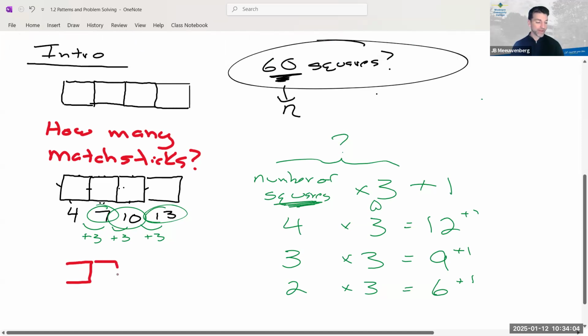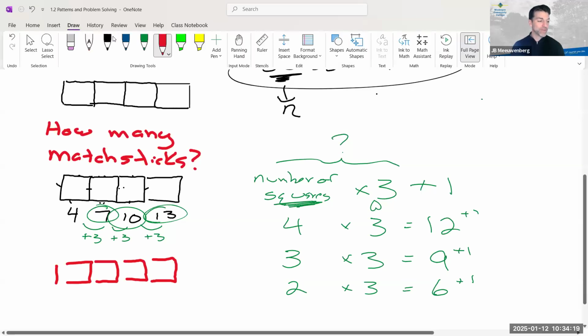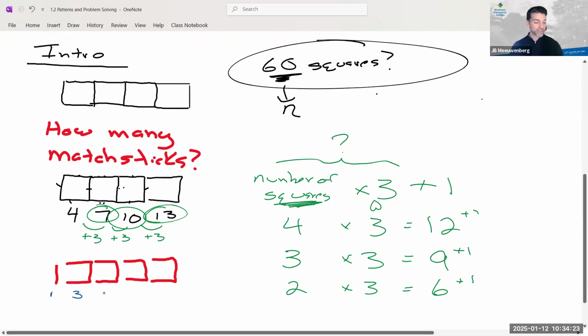For the second square, I've got another 3. For the third square, I've got another 3. And every other square is going to have another 3. But then you've got this one starting matchstick at the very beginning. So if you think about it like that, here's the 1, here's 3, here's 3, here's 3, and here's 3, right?